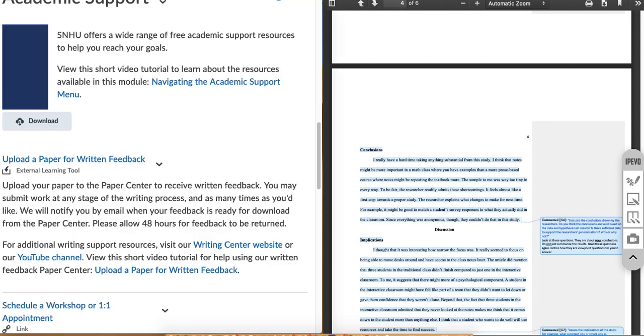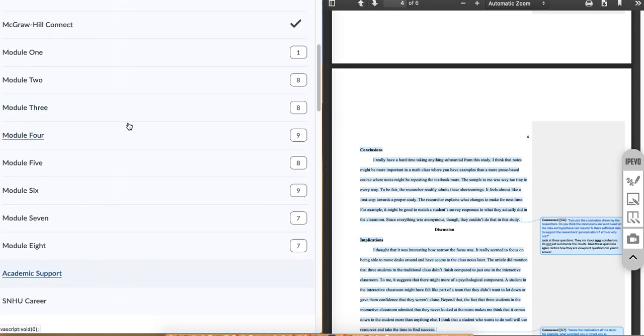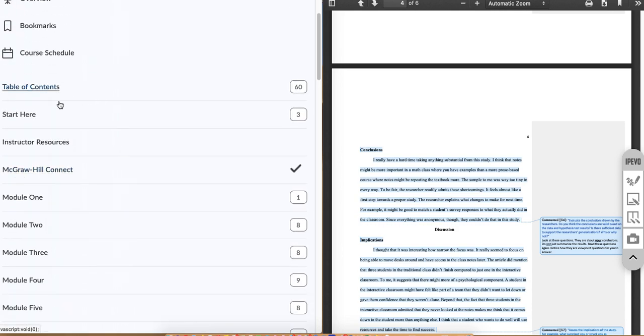You can also use the Turnitin resource to run your paper if you'd like, but the main thing is to make sure you're putting it in your own words. Very important. And if you have questions, feel free to reach out to me.